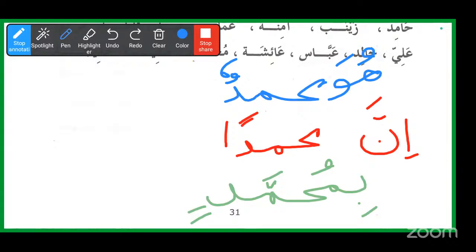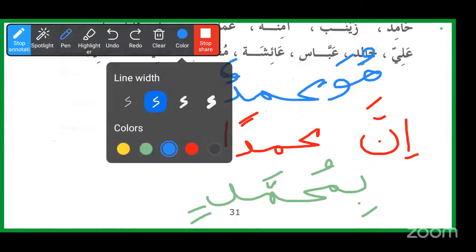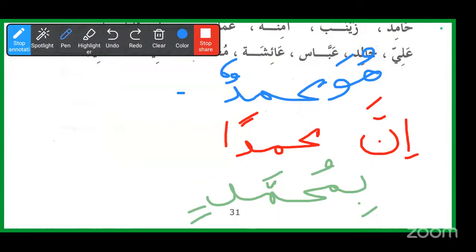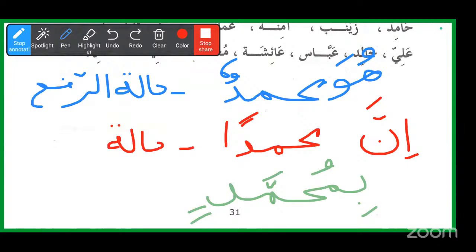So now what we need to learn here is that in the sentence huwa Muhammadun, it is called halatul rafa. Write it down, please. Halatul rafa.